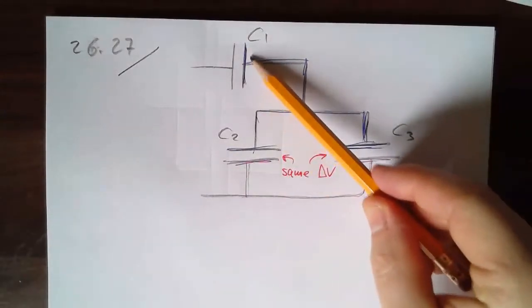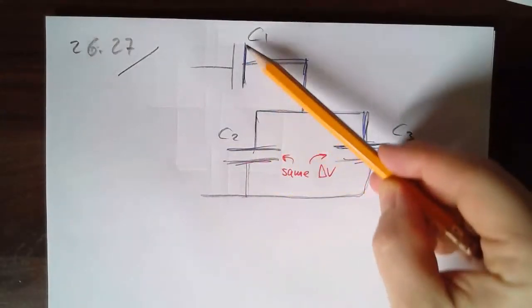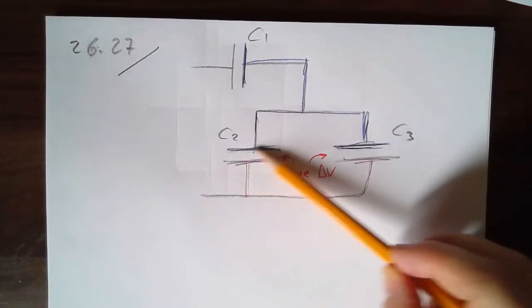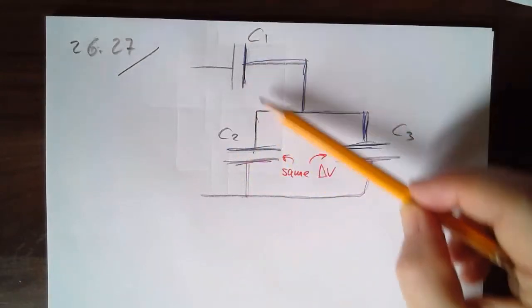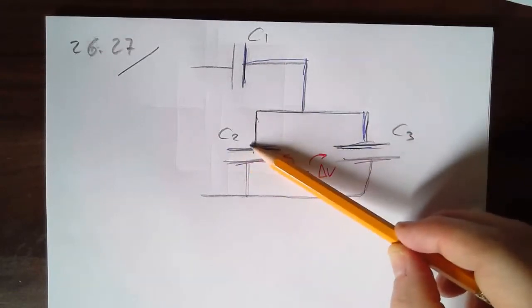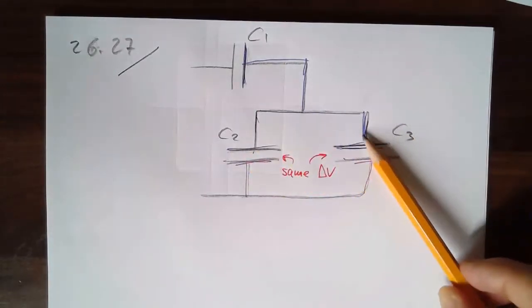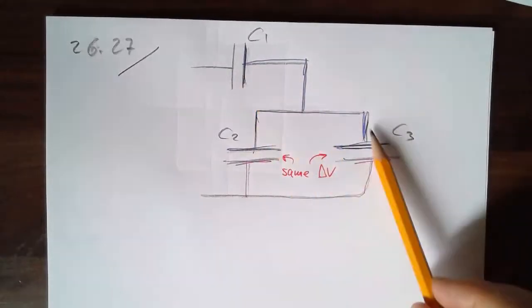This one is not in parallel with this one because the charge on here is probably not equal to the charge on here. I mean, minus Q here is not the same Q as plus Q here, because there's also this one, right? Charges spread themselves out on here and here.